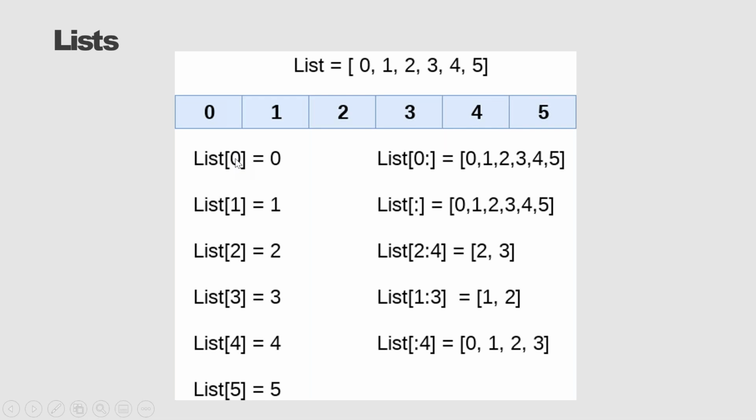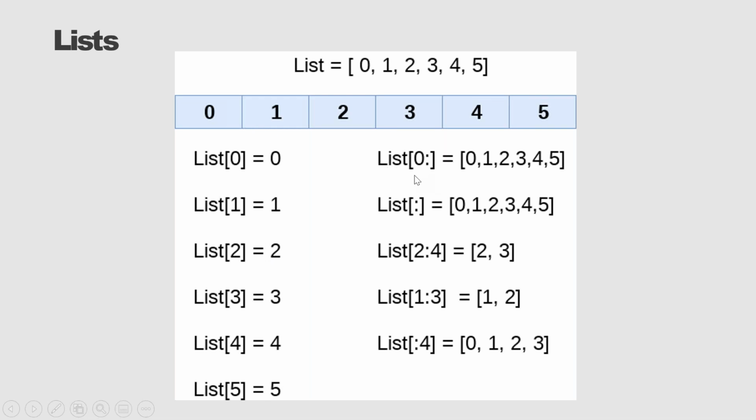So index in the list starts always with what? 0. So the element is 0, but the index is not visible here. Index is also 0. Elements can be anything, but index will always start with 0. So see here, list 0, this is the index, this is the value. This is the index, this is the value. This is the index, this is the value. This is how you call.